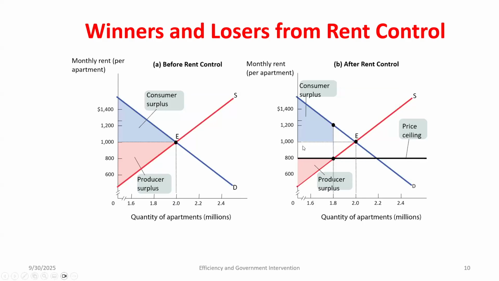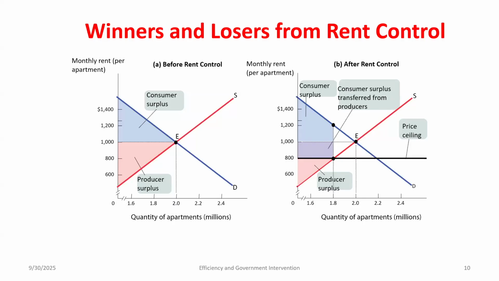For every unit here, here is what consumer surplus used to be. Their marginal benefits haven't changed, but the price they pay is lower. So now consumer surplus for everybody who rents an apartment is higher, right? This area of gain to consumers, what did it used to be? It used to be producer surplus.